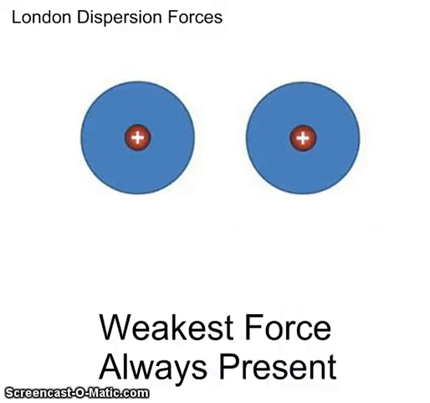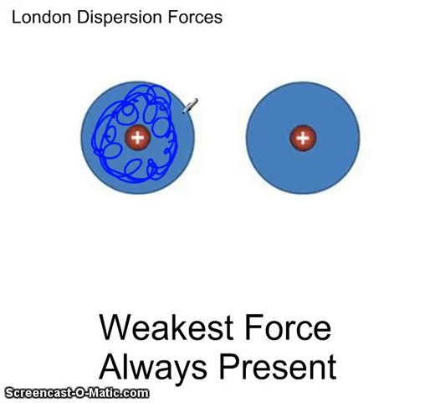I'm ready. So London dispersion forces, Joe, actually exist here because you have a negative electron cloud. Remember, the electrons are moving all around inside a cloud here, and all this blue here is negative electrons. If you have atoms that are close by, the negative electrons will attract the nucleus of another atom.